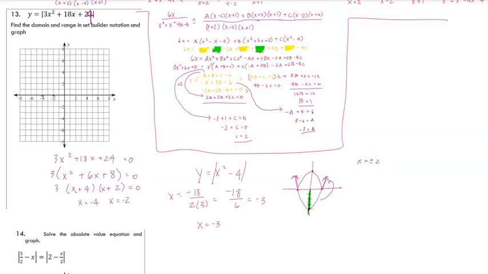And then let's put it back into the function. F of -3 equals... Notice I'm just treating it like a quadratic. -3 squared plus 18 times -3 plus 24. 9, 27 minus.